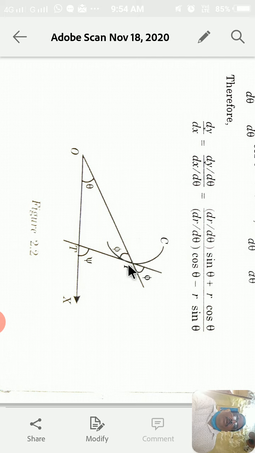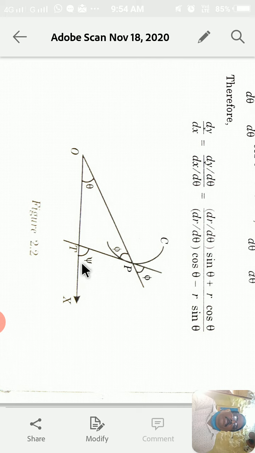Next, this point P is on this curve. Through this point P we draw a tangent such that it touches the x-axis at the point T. Then this is the tangent.